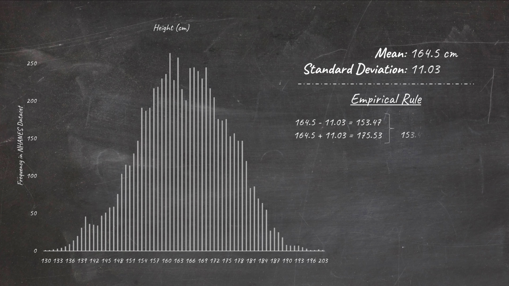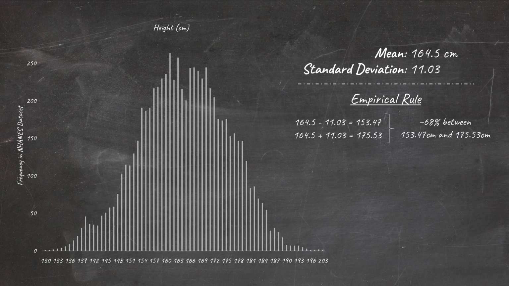The empirical rule is what lets us say that about 68% of people, so a big majority of people, have a height between 153.47 centimeters and 175.53 centimeters.